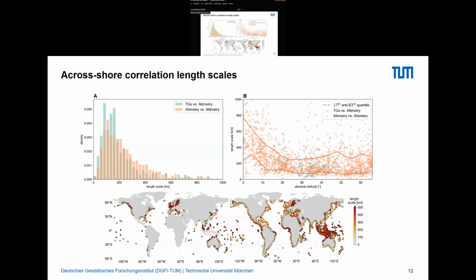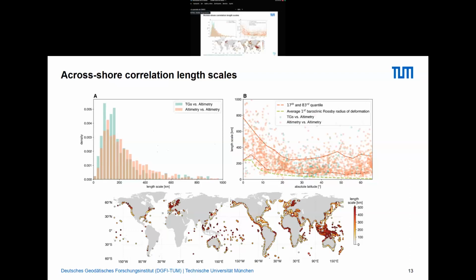And also when we compare this, for example, to the first baroclinic Rossby radius of deformation, we see a strong proportionality, which indicates that coastal processes really set the length scales of these coastal variations in the cross-shore direction. Of course, there are regional differences and outliers. For example, in the Baltic Sea, these length scales are much larger, so it's not a high correlation with the baroclinic Rossby radius.